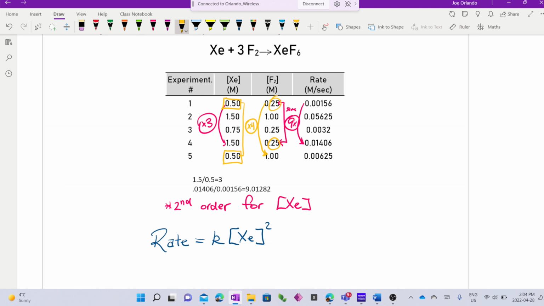We already did 0.25 and 0.25. We already locked fluorine in. Look, when we did this one, we did 0.25 and 0.25. So we chose an example where fluorine didn't change. But now we need an example where fluorine does change. And what does fluorine change by here from 1/4 to 1.0? 4 times, good.